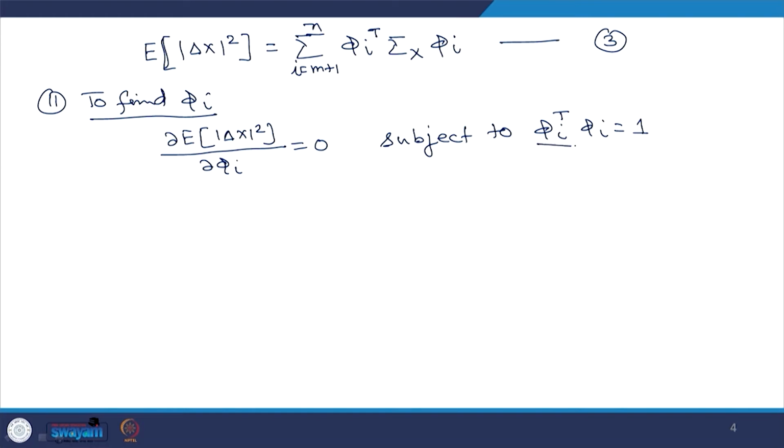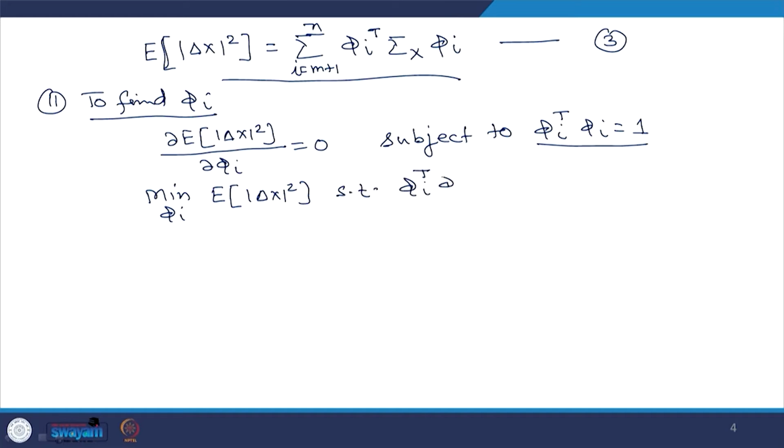Since I am having this condition also, I have to minimize E of delta x square subject to phi i transpose phi i equals to 1, since they are the orthonormal basis.